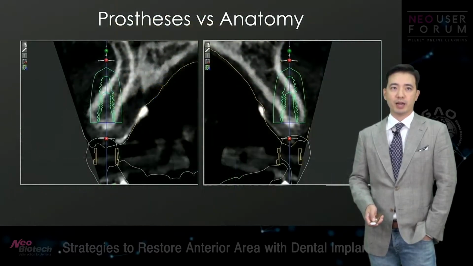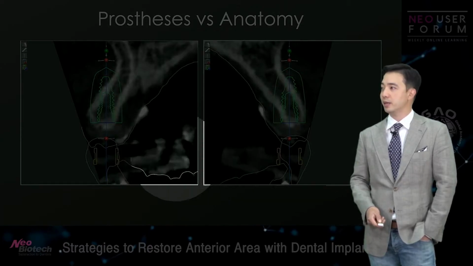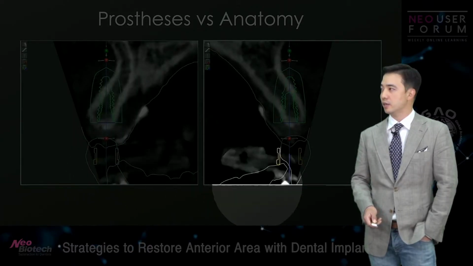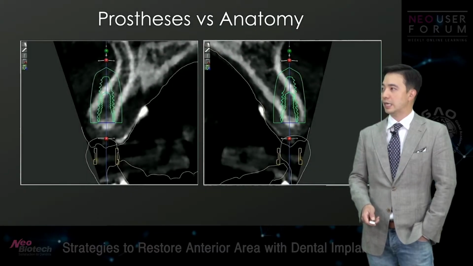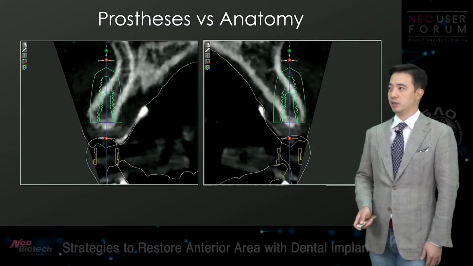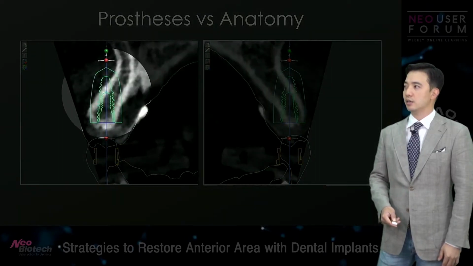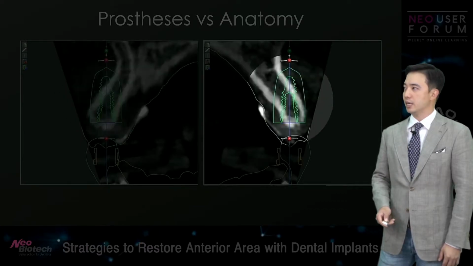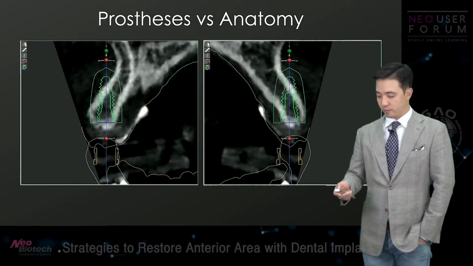But I wanted my implants to come out of the cingulum area for the sake of the prosthesis. So I told the technician to shift or tilt the implant position. And I said, I don't care if the apex of the implant comes out of the bone or not, I can just add a little bone, and then that's going to work.